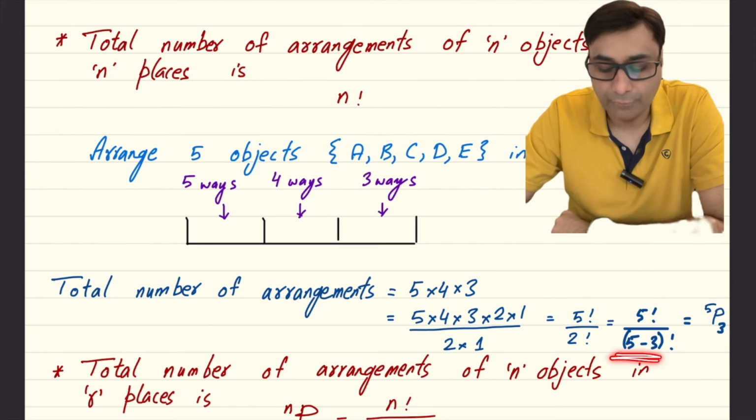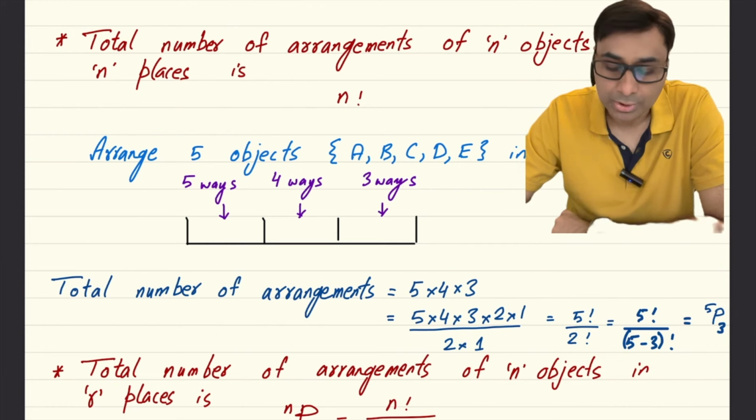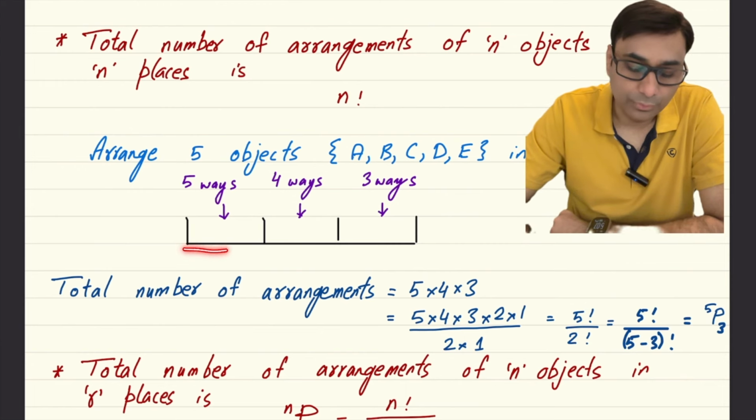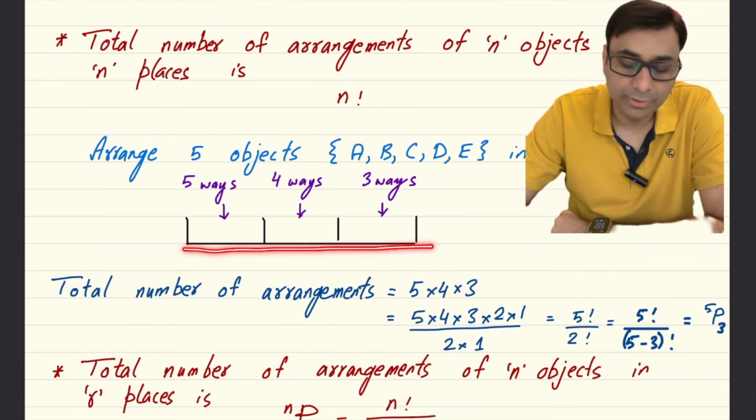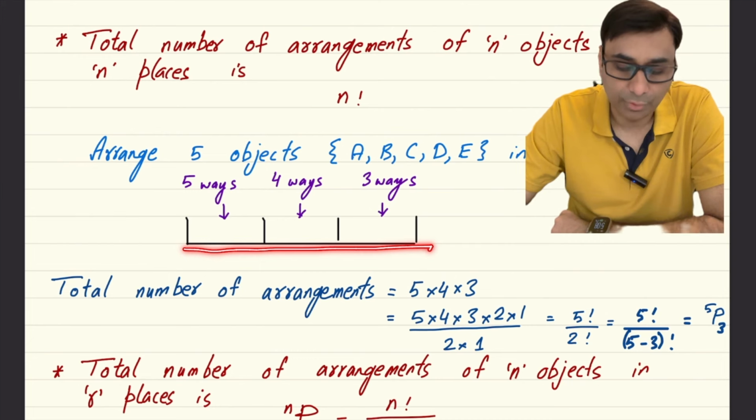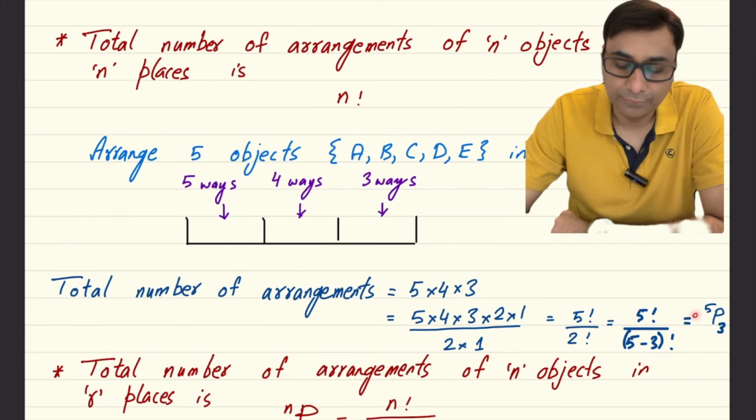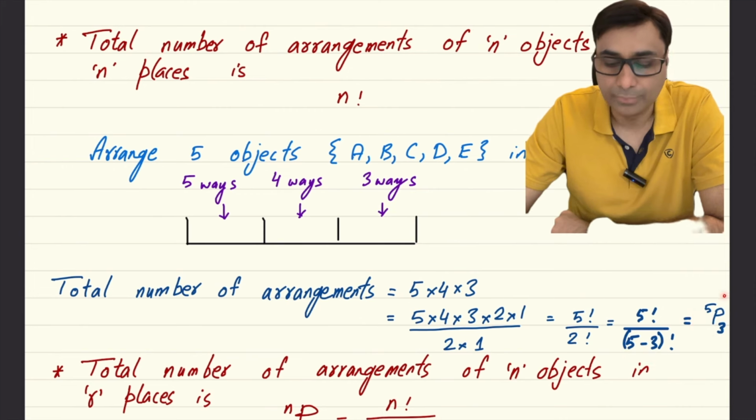That's your way of finding out the number of arrangements, but there's a standard way of writing it down, that is 5P3. P stands for permutations here. So if you want to find out ways of arranging 3 objects out of 5 objects, that's going to be 5 factorial over 5 minus 3 factorial, and there's a short notation for that, which is 5P3, and you directly have a function in your calculator through which you can calculate the number of arrangements.